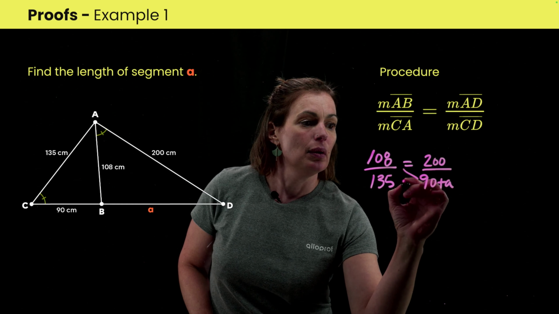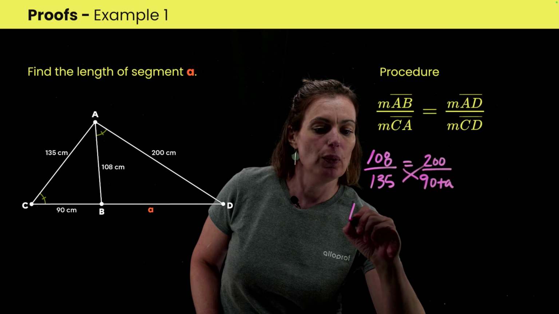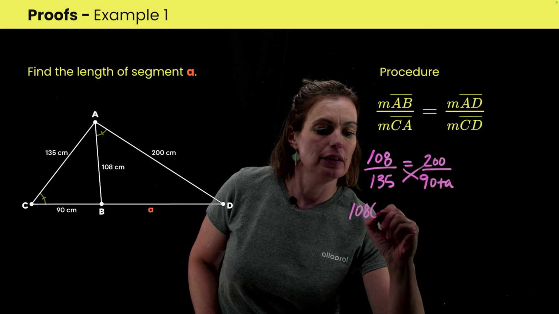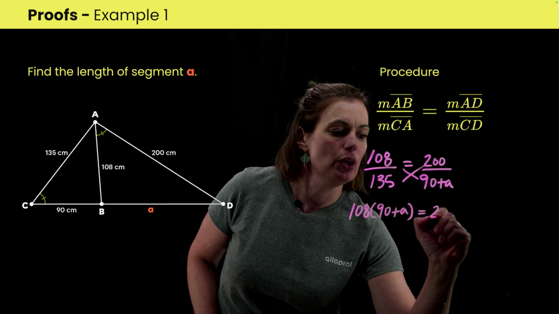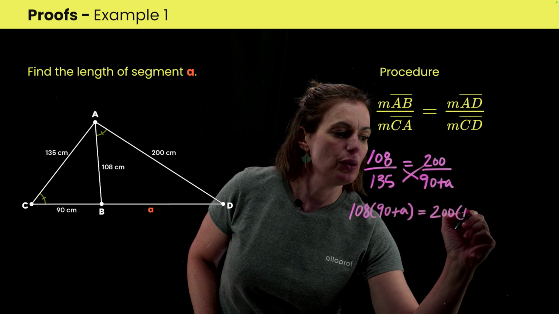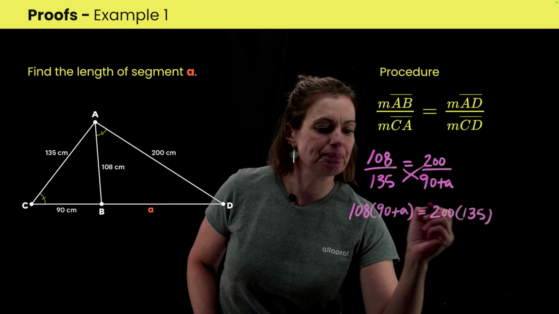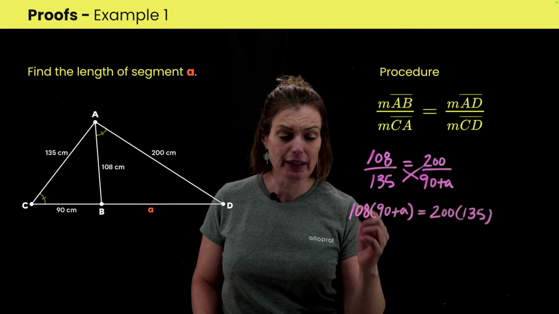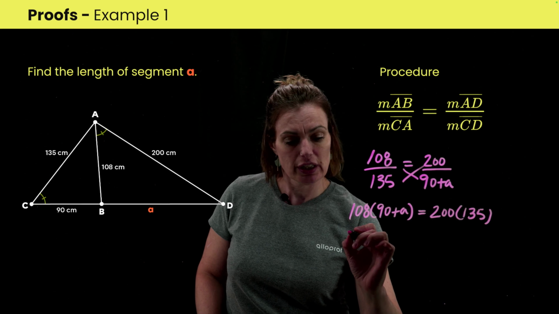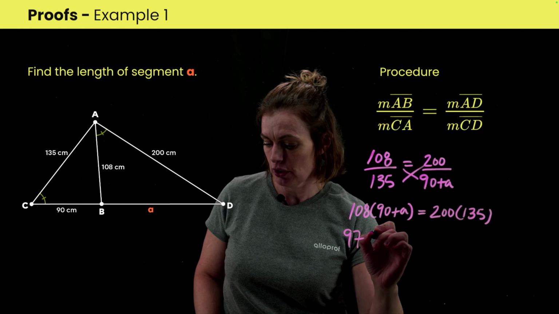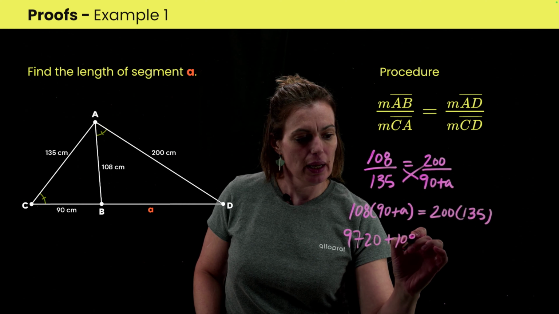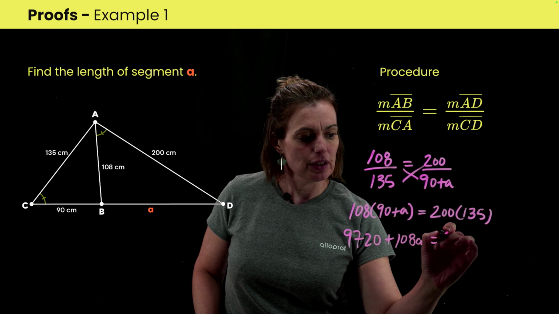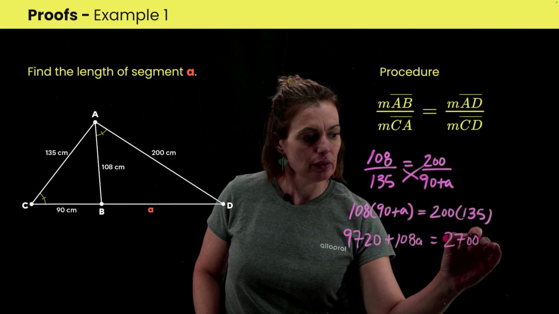So put in my cross product, 108 times 90 plus A is going to equal 200 times 135. This, using my calculator and distribution, gets me to 9,720 plus 108A, and that's going to equal 27,000.